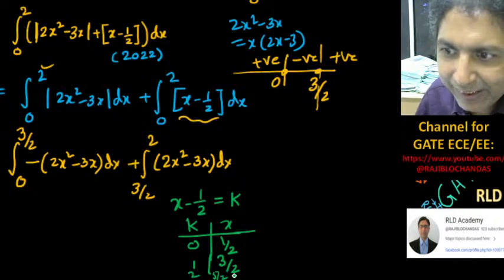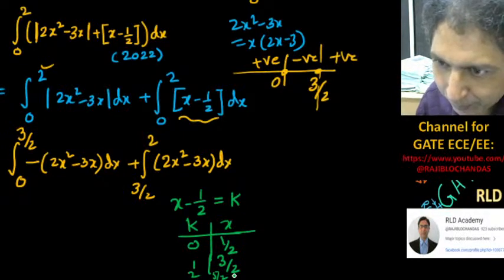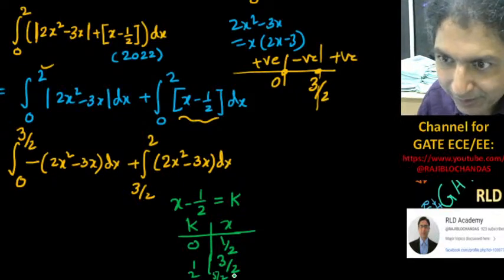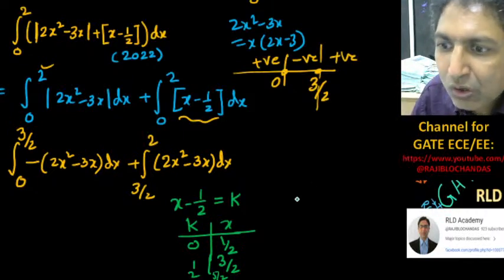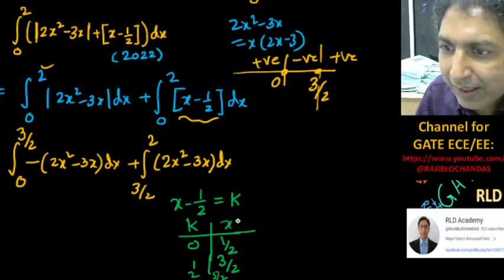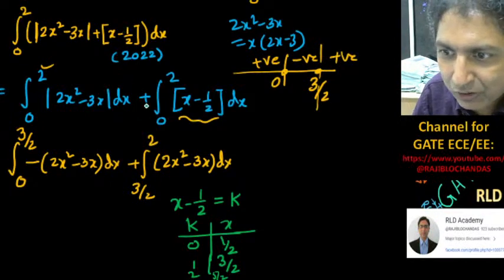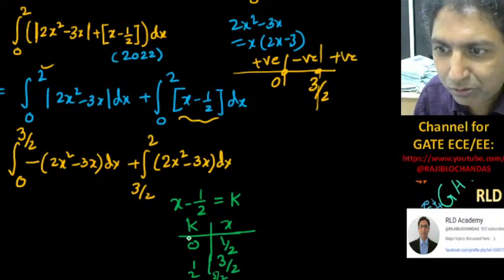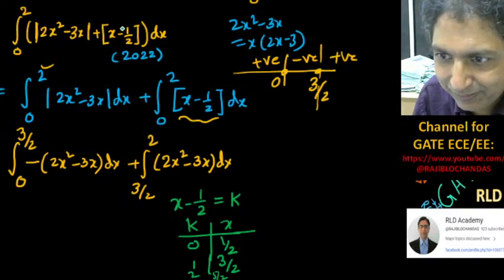And k can also be minus 1, so minus 1 plus half means minus half. That is not given, so x from 0 to half, you can understand that it is negative, so that range I can consider it is minus 1.